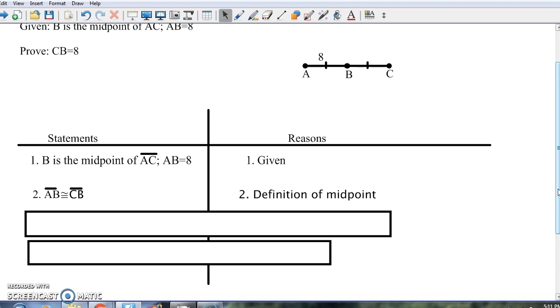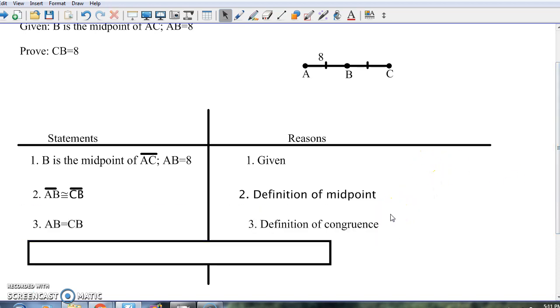So the next thing I'm going to do is say that the length of AB is equal to the length of CB. I'm using the definition of congruence, because I know that if things are congruent, they have equal measures. There we go: AB equals CB, definition of congruence.